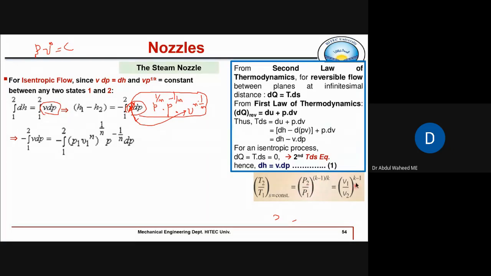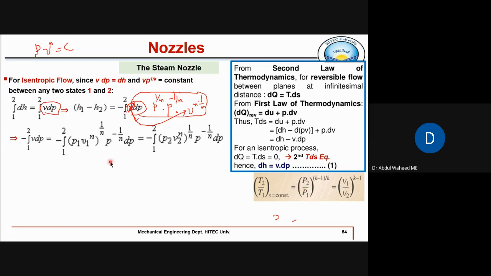That is from here for an isentropic flow. So dH is equal to minus VdP, and this term is now written in this form. Okay. Mathematically, if there is any doubt, then ask. Otherwise, mathematically it is correct. Now I can write it as P1 V1 to the power n or P2 V2 to the power n, because that is a constant for an isentropic process.